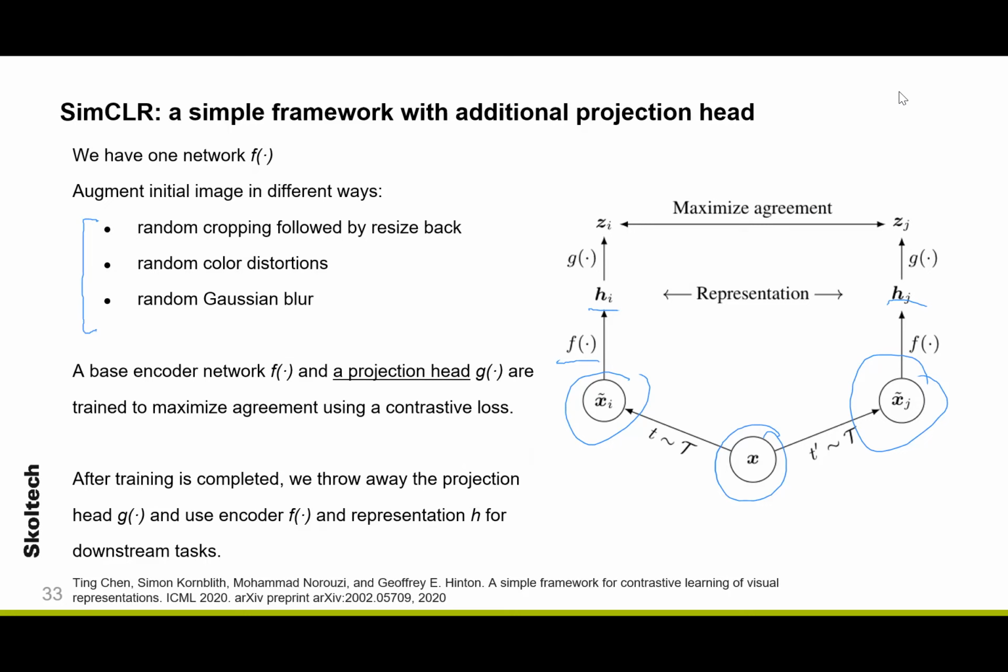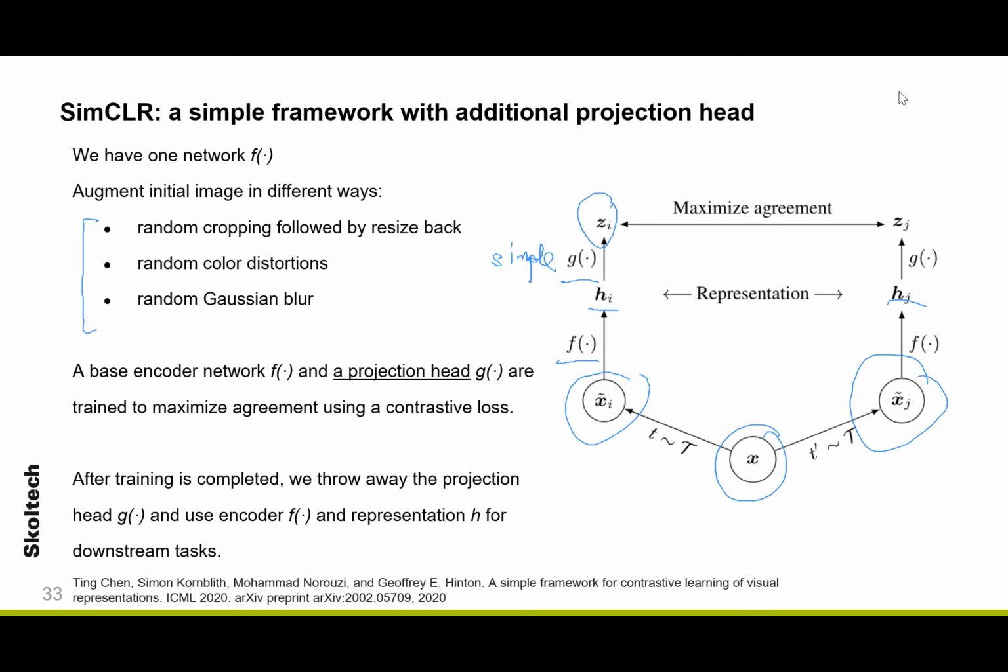It's also typical to consider projection heads, an additional simple network that produces from the representation some projection into a simpler space. Somehow it turns out that it works better. So we maximize agreement to disagreement in this projection of the initial space.